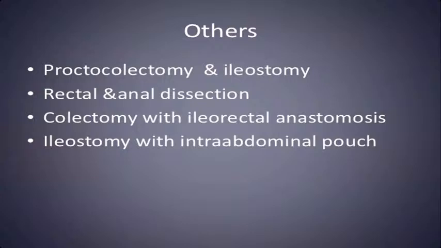Other forms of surgery may take the form of proctocolectomy. That means removing the rectum and part of the affected colon, ileostomy, rectal and anal dissection, colectomy with ileorectal anastomosis, and so on. Again, really depending on extent and severity of disease.